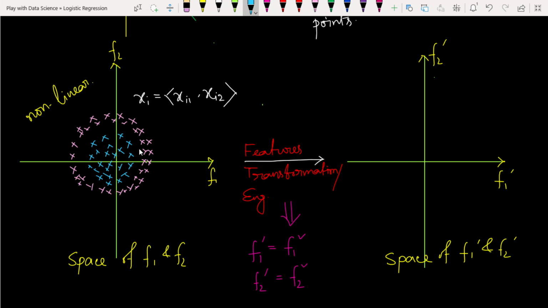So these blue data sets are now transformed into positive directions only. Every data point is now converted into positive.